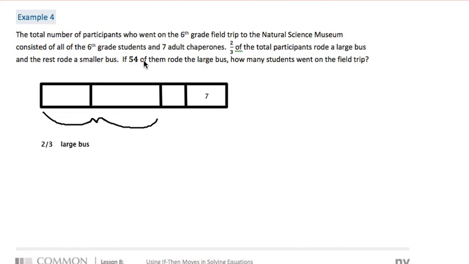Now it tells us that 54 of them rode the large bus. So we know that this section, 2/3, is the large bus. So we can use that information to set up our equation. These two pieces are 54.